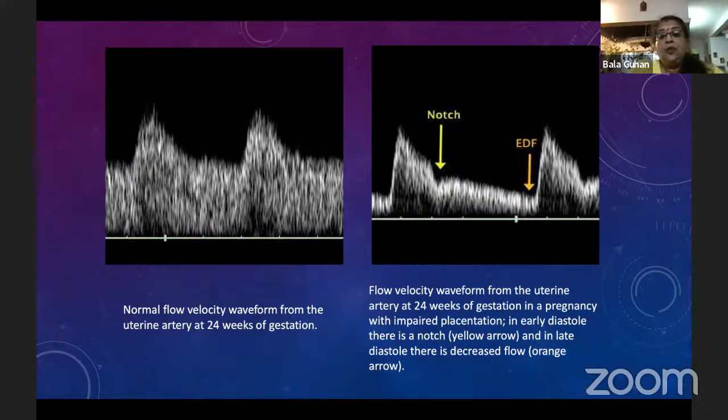Flow velocity waveform from the uterine artery at 24 weeks in a pregnancy with impaired placentation. And here we can see early diastolic notching, the yellow arrow there, and late diastolic, there is decreased flow, which is delineated by the orange arrow. So there is decreased late diastolic flow.